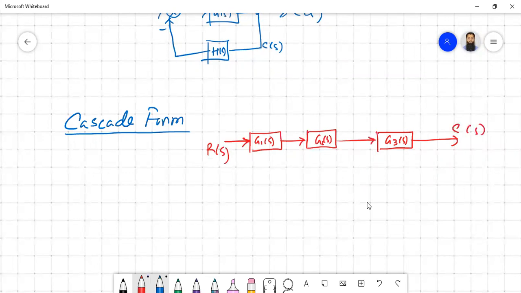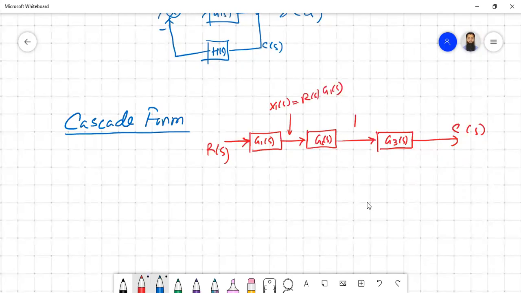So how can we reduce this multiplication subsystem into a single block? For that you can use a simple idea. What will be the output here? Say the output here is x1. So x1 can be the multiplication of the two blocks, so basically RS times G1S.